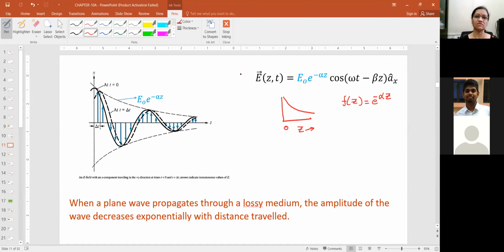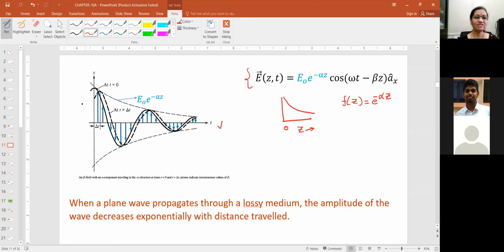So now look at this equation. E of z comma t is equal to E naught e to the power of minus alpha z cosine of omega t minus beta z, along x cap. So what does this mean? When a wave is moving along the z direction, look at this figure, I have already shown the plot. What is this medium?